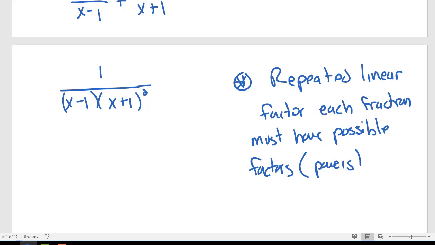I'm just going to put 1 in the numerator there. So if I break this up, I'm going to have x minus 1 as its own fraction, and then x plus 1 squared, and then x plus 1 to the first.